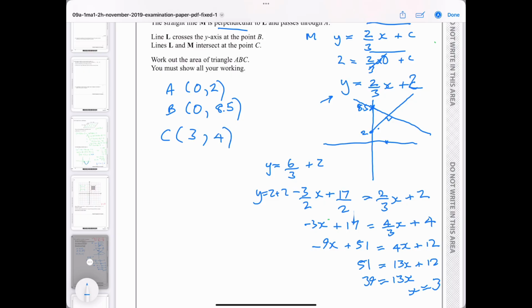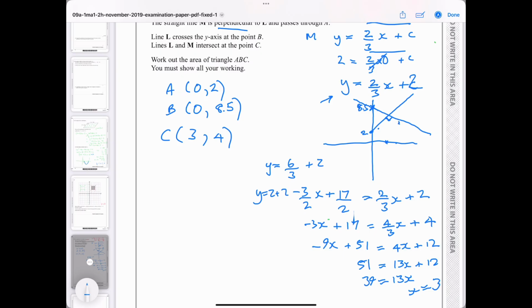Okay, so we've now got our point: that's 3, 4, which is there.